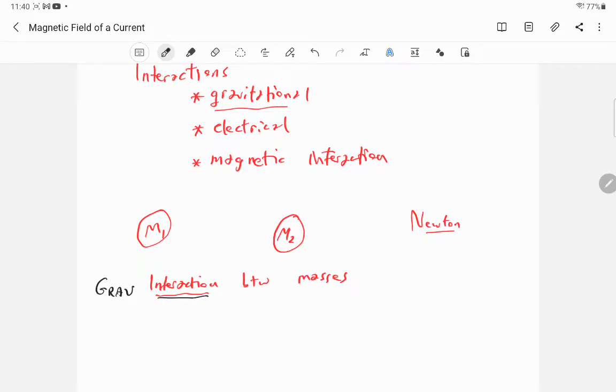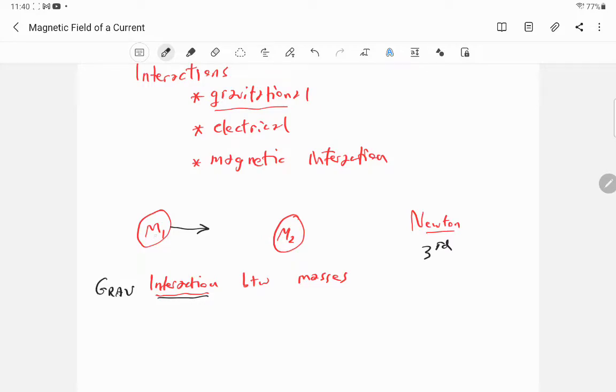In this gravitational interaction, there's actually just two forces. By Newton's third law, these two forces are equal and opposite, and they come with labels. There's a force that acts upon M1.